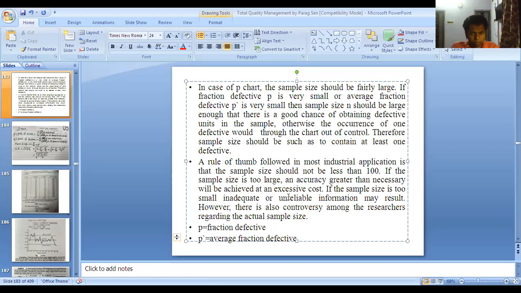That's why an optimum level of sample size should be chosen, and in general it should not be less than 100, or some researchers have proposed 90 to 100. Still, it depends upon the particular product and the category of the product, what the scope is of having defects and defective items. So it is decided by the practitioners accordingly.